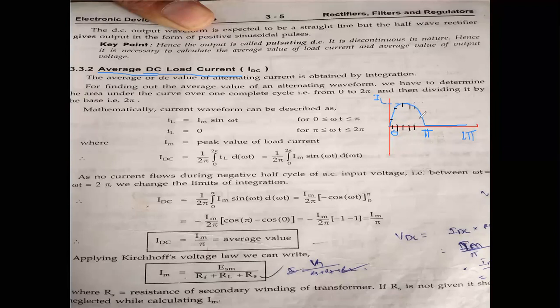At this point, current is 0. So I will make different segments on the graph and take different values of current. Current will increase and decrease. Then I will add all these values.